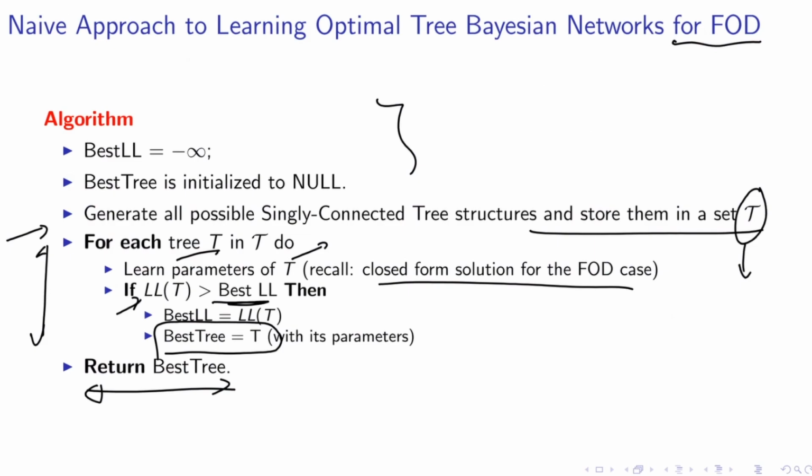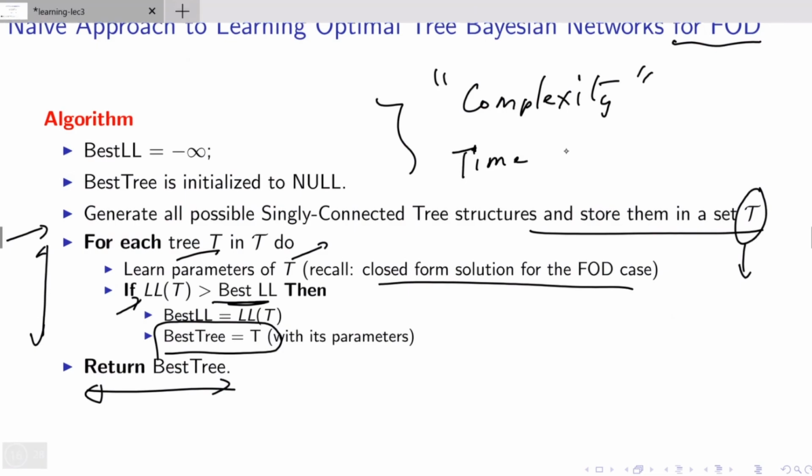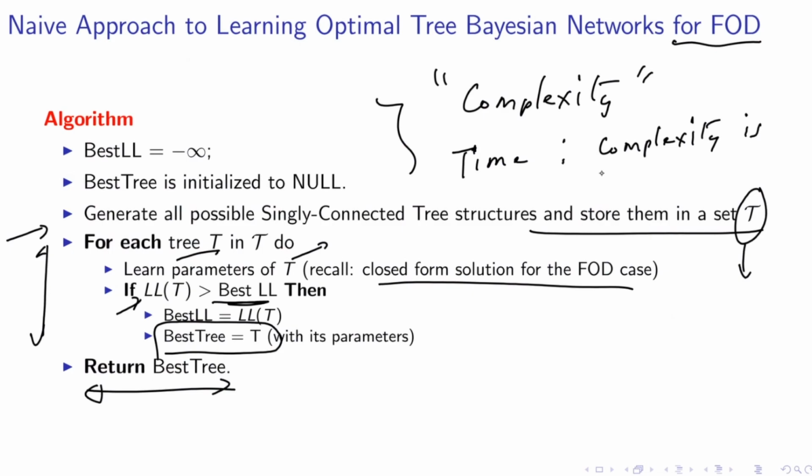Now my favorite question, right? What is the complexity of this algorithm, time and space wise? Time wise, the complexity is super exponential. Why? Because think about the number of trees that you can generate. It's a very large number.